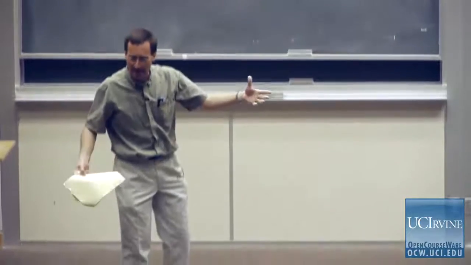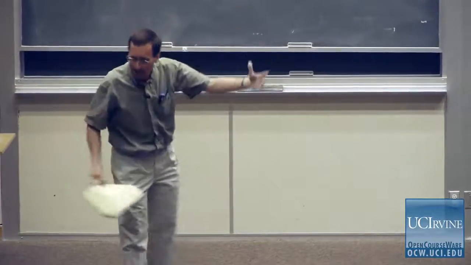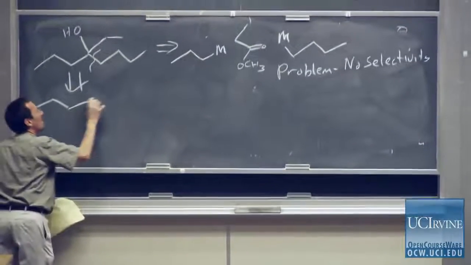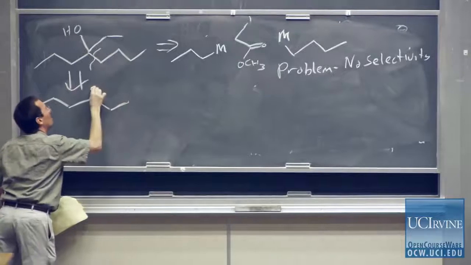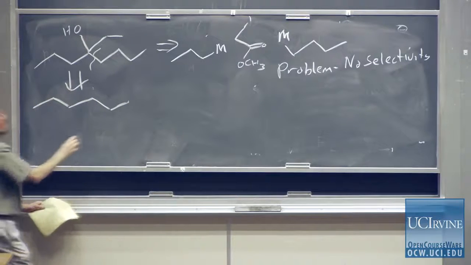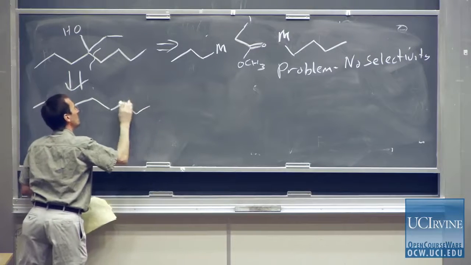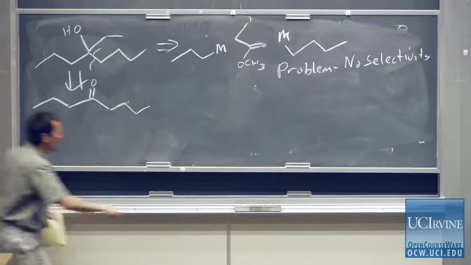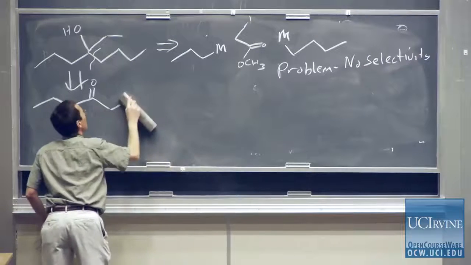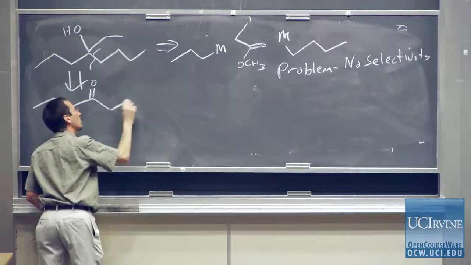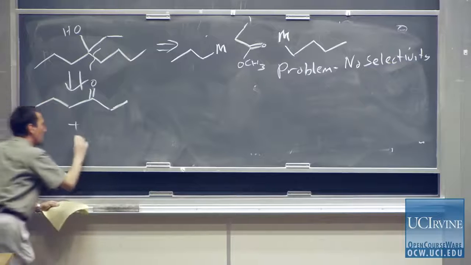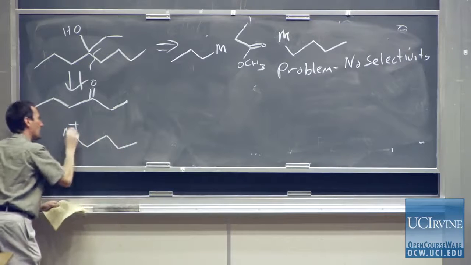It means a thinking backwards arrow. Organic chemists love arrows. Curved arrows, equilibrium arrows, resonance arrows. This is a retrosynthetic arrow. So I could envision going backward to this ketone, 2-hexanone, and a butyl metal reagent.